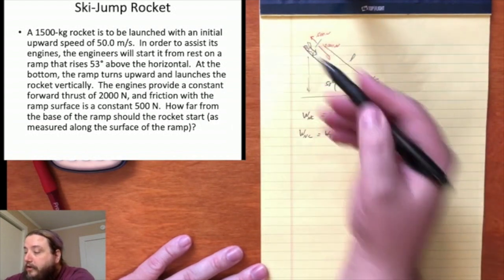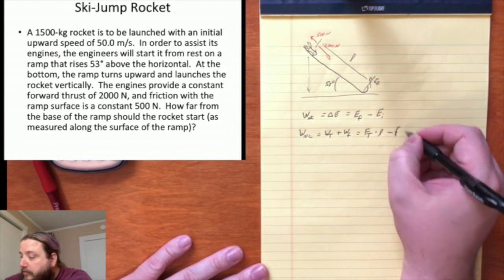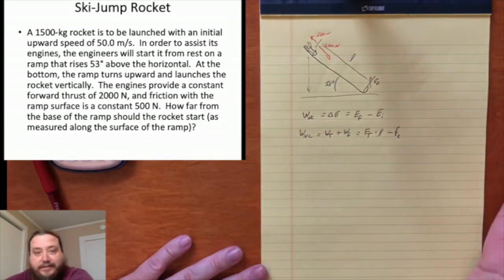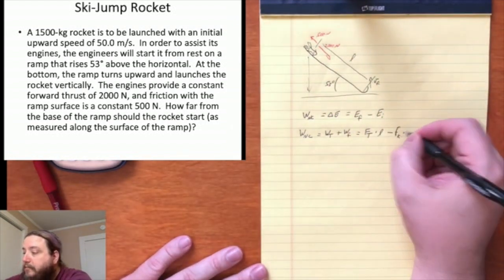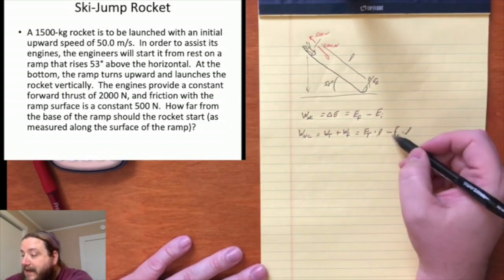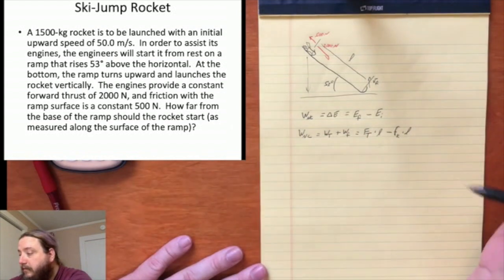And the work done by friction will be minus the frictional force, in this case a kinetic friction force, the 500 newtons, times that same length. It's negative because it's pointing in the opposite direction of the motion.